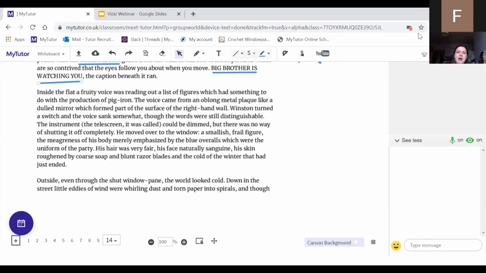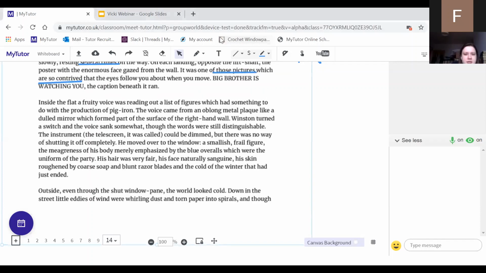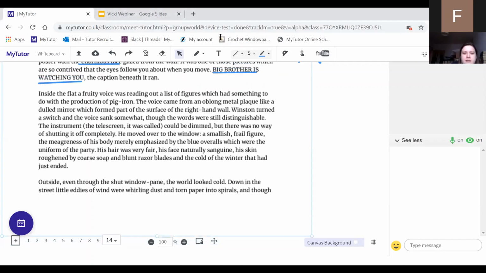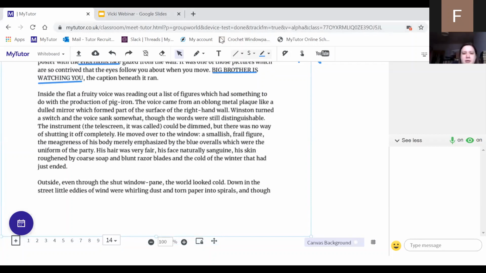Yeah, so we're talking about physical description of Winston then. So most of it, it's not helpful. Right, so pretty much all of this here is characterisation of Winston.